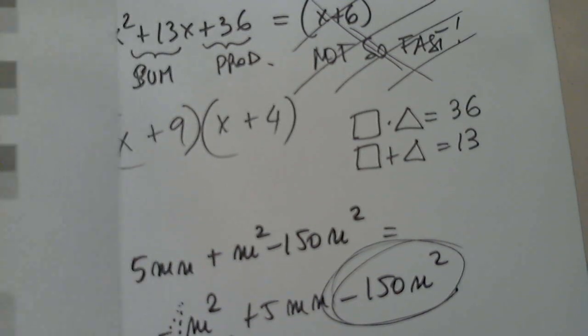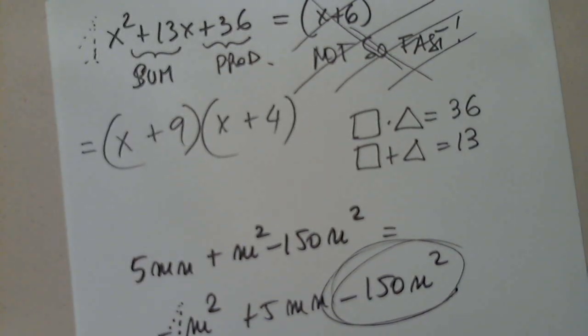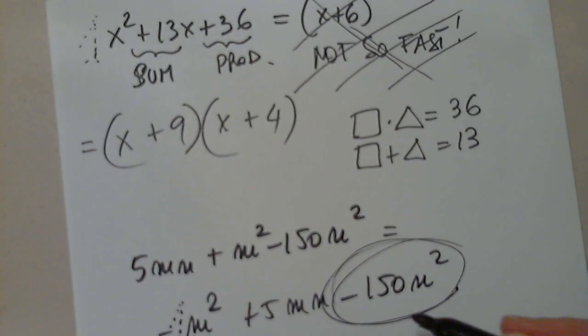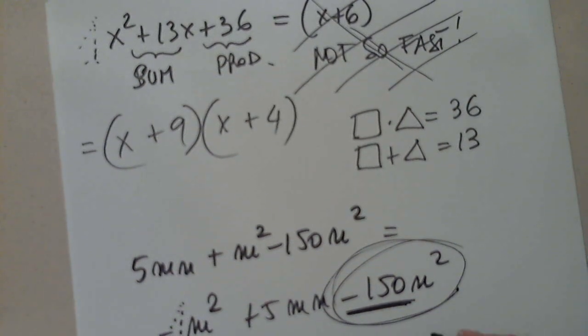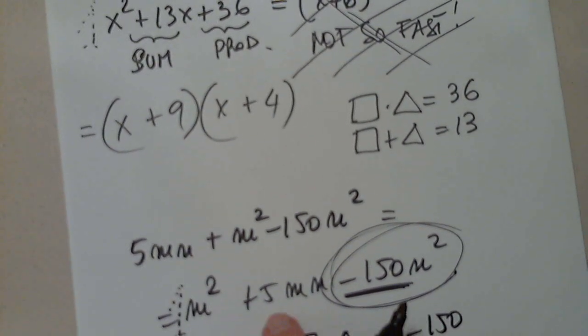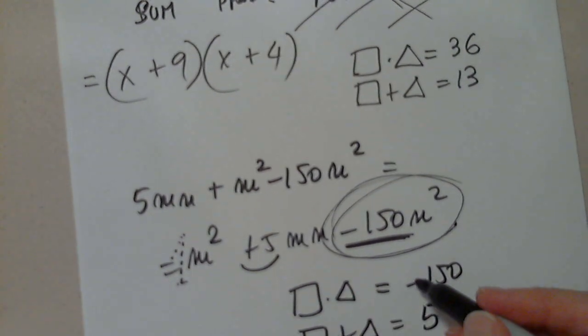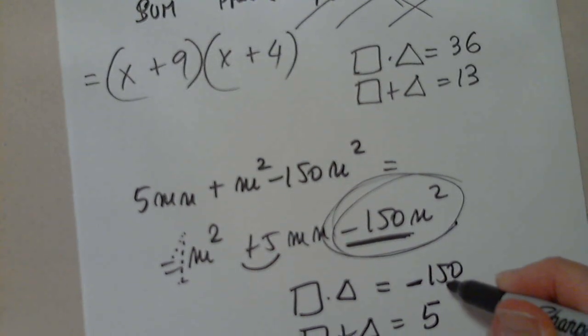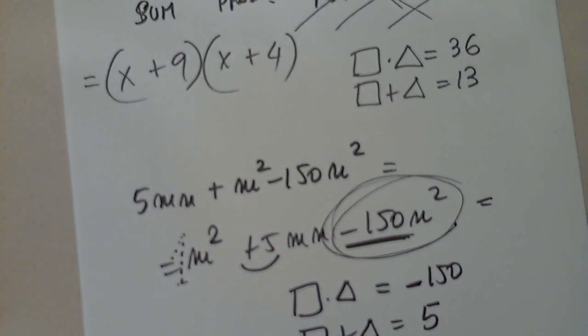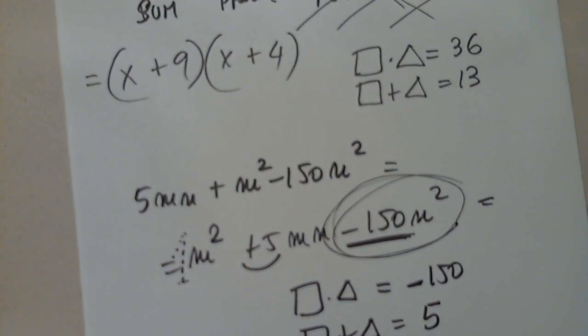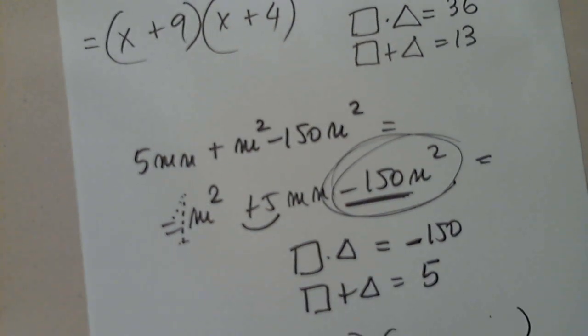Yes. So therefore, I'm looking for two numbers whose product is negative 150, and whose sum always is the middle term. Now, because the product is negative, one has to be positive and the other one has to be negative. Mandatory.